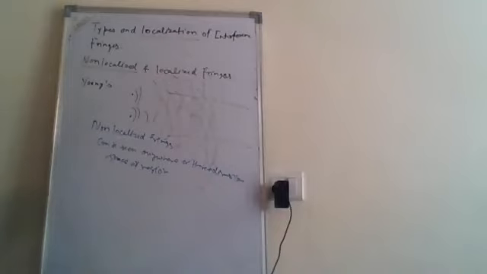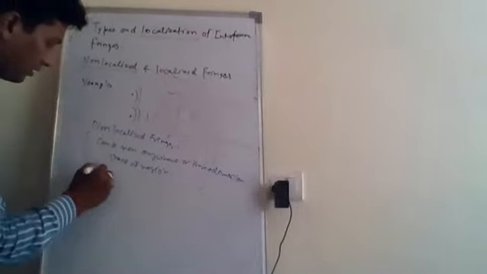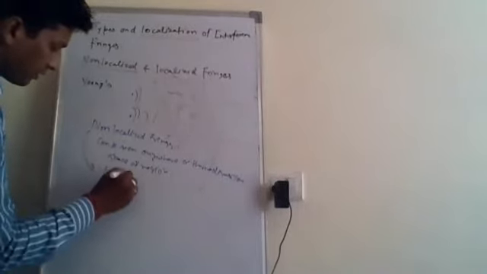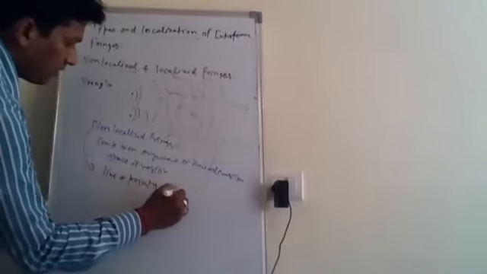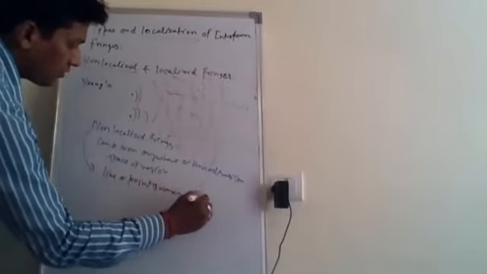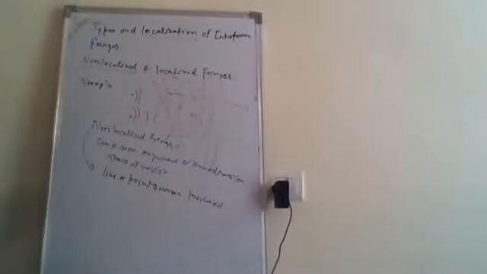And non-localized fringes are generally produced by small sources, or you can say point or line sources. These point or line sources basically produce this kind of non-localized fringes.